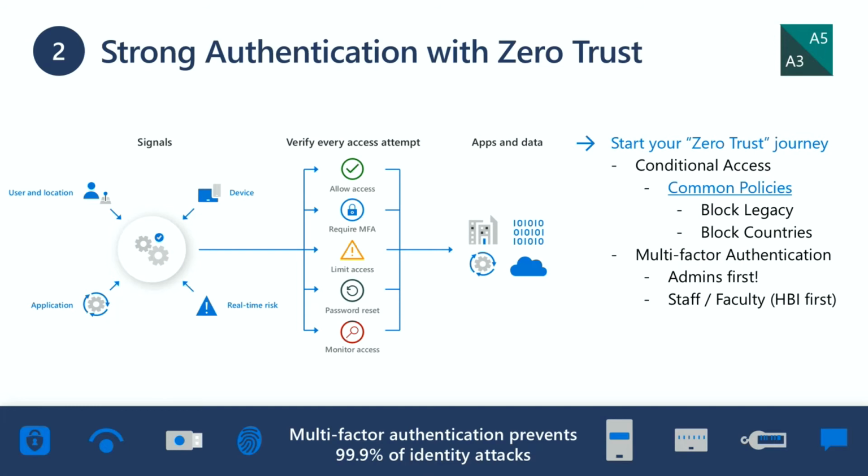Don't let the excuse of students or union regulations or other regulations prevent you from deploying MFA for those that you can. MFA for your admins, do it for your staff and faculty and those that have a high business impact if their identities were compromised.